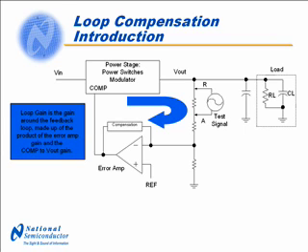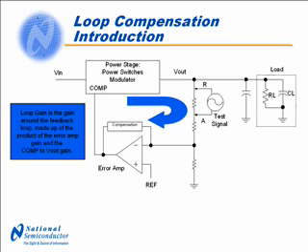The first step in understanding loop compensation is to develop an understanding of a good working small signal model. The term loop gain refers to the gain of the loop shown in blue. This loop can be broken down into two parts. First, the power stage, the gain from the comp input to the output voltage. The DC part of this is simply the load resistance times the transconductance of the power stage.